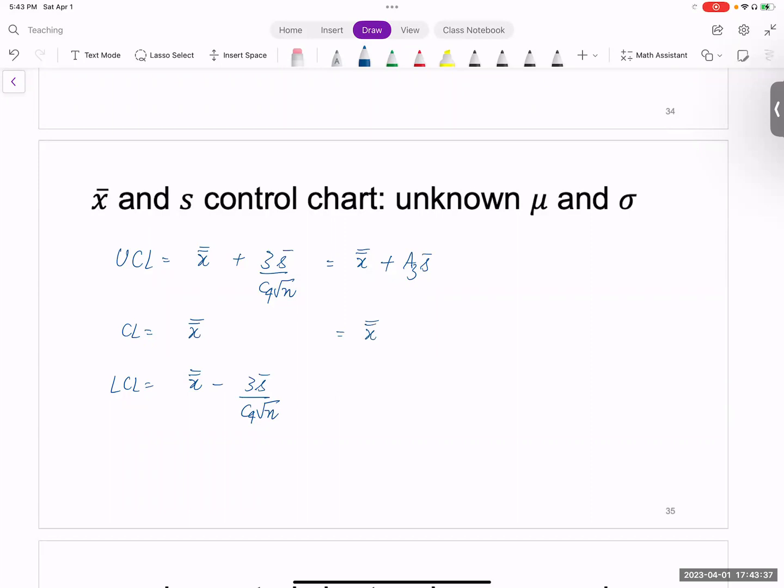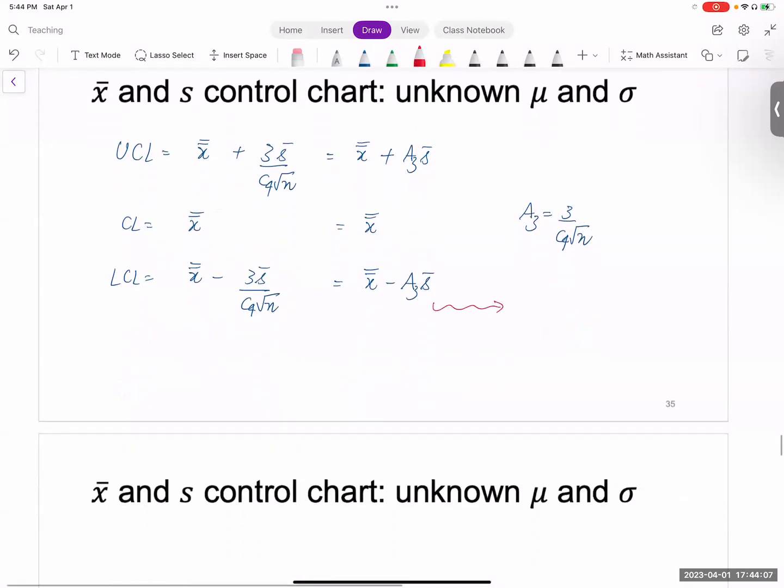The center line remains as is, and the lower control limit is x double bar minus A3 times S bar, where A3 is equal to 3 divided by c4 square root of n. That's your A3. And so this becomes your X bar control chart with unknown mu and sigma.